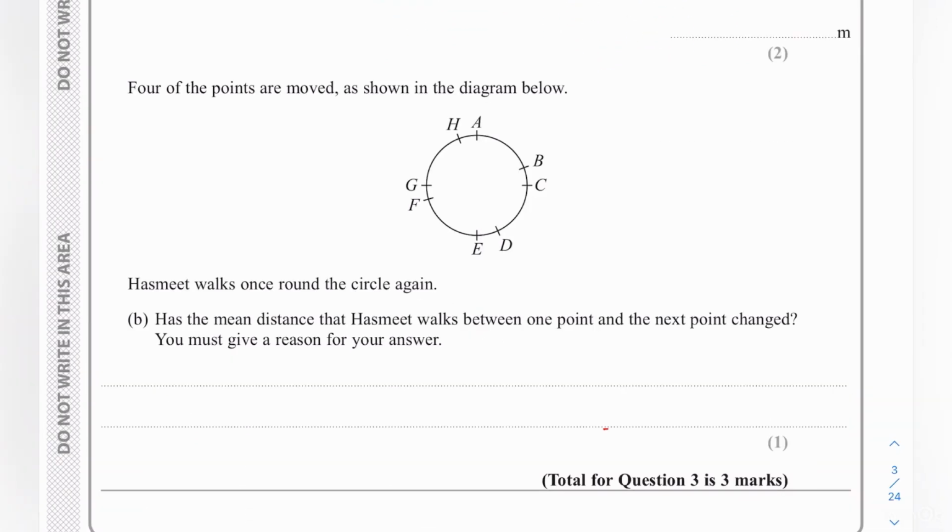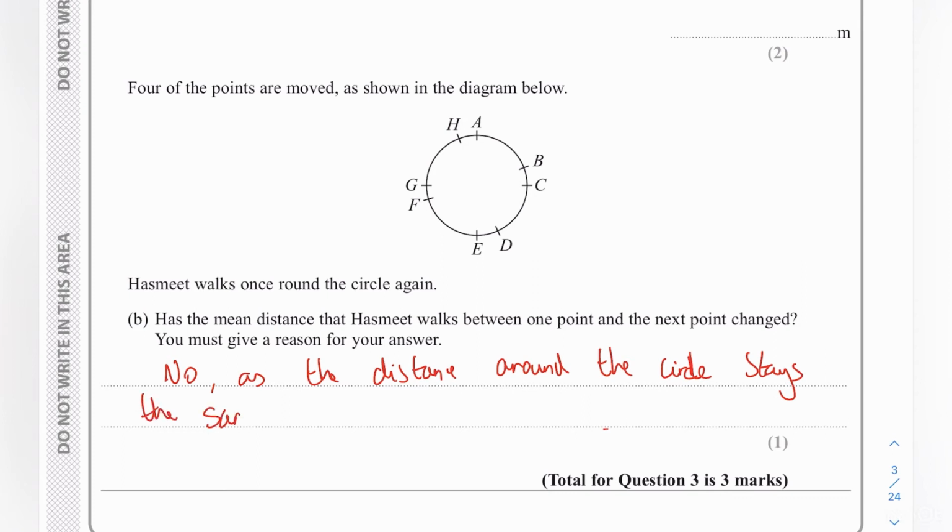So we know the mean distance will not have changed, as the distance around the circle stays the same. So the circle hasn't got any bigger.